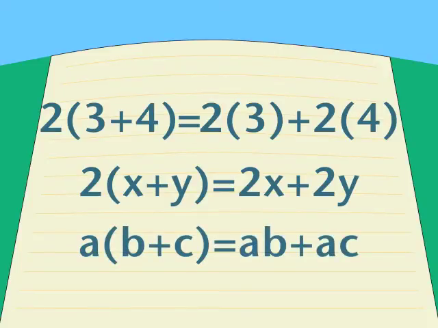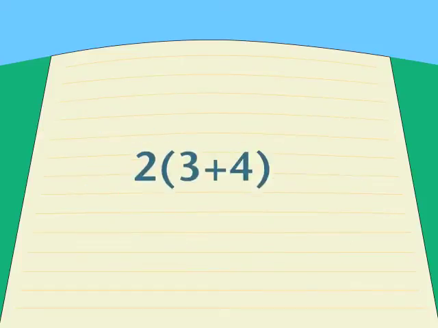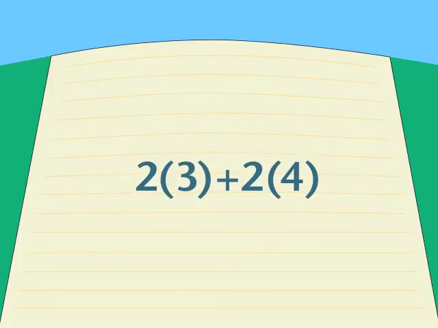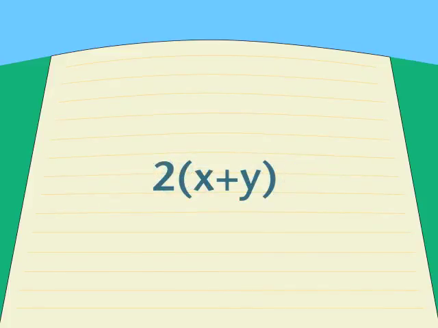We've really been doing the same thing in every example. Applying the distributive law to a simple problem like 2 times 3 plus 4 looks very much like applying the same law to 2 times x plus y, and it is, with exactly the same kind of result.